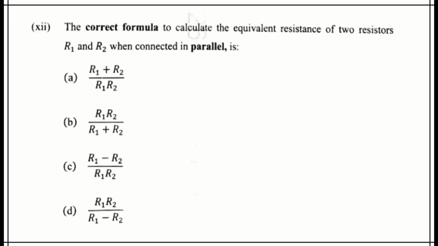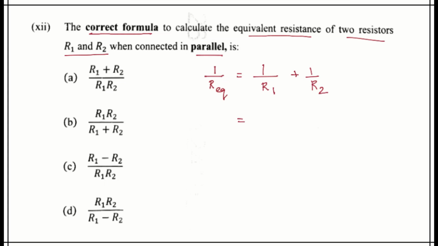Next, question number 12. The correct formula to calculate the equivalent resistance of two resistors R1 and R2 when connected in parallel. We know the formula: 1 by R equivalent is equal to 1 by R1 plus 1 by R2.